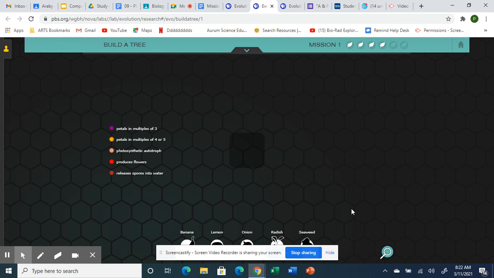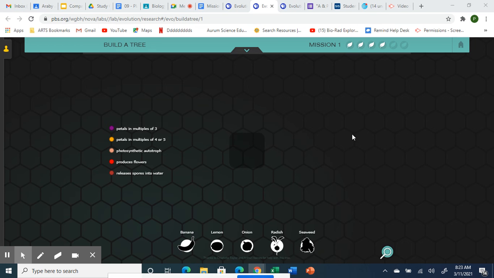Let's talk tree basics. Here we are. Tree of Life. So we have 5 items here. We have seaweed, radish, onion, lemon, and banana.